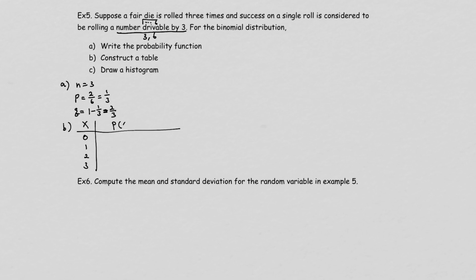And let me see if we can find that probability each time. So getting 0 times is going to be a combination of 0 out of 3 rolls. Success is going to be 1/3, which is going to be 0 times. Failure is 2/3, which means getting all 3. So that gives you close to 0.3.